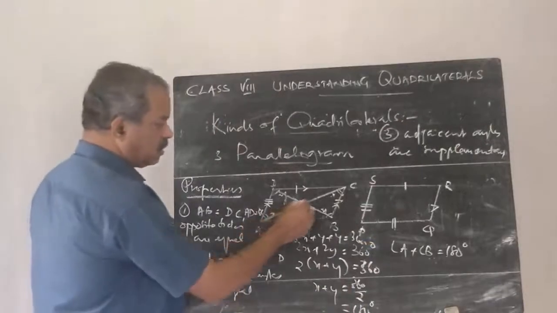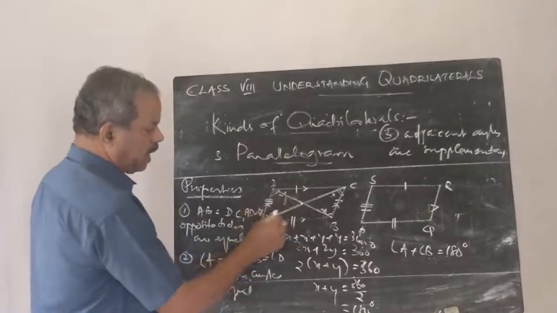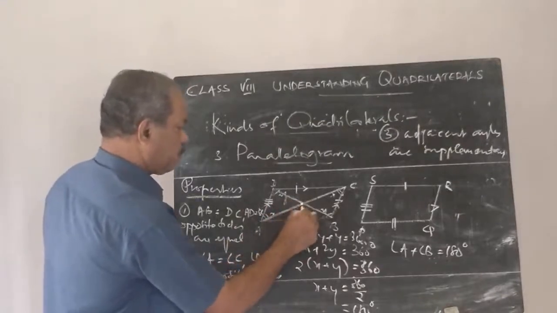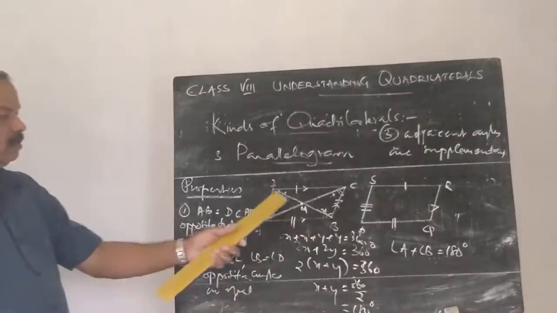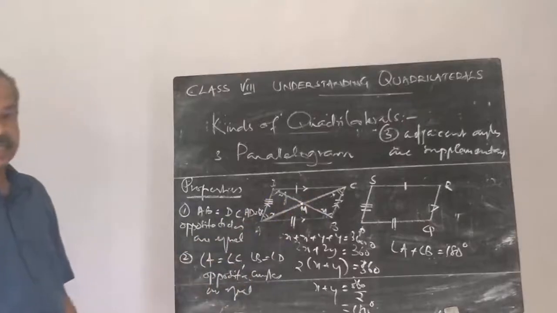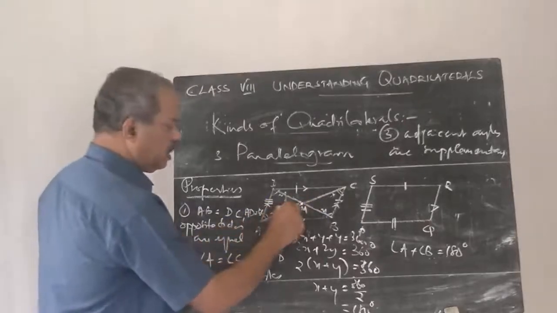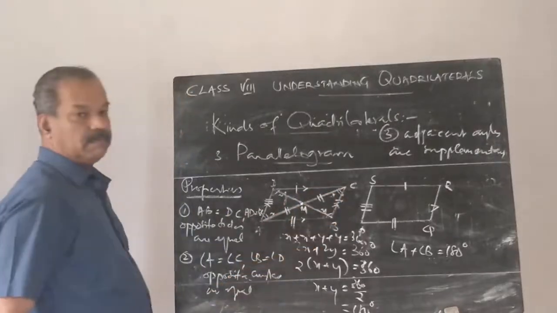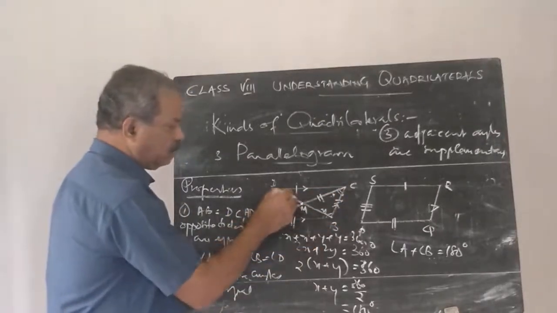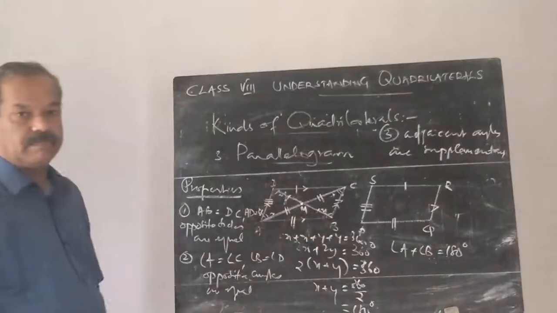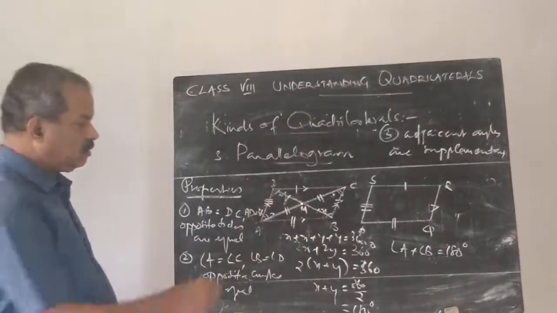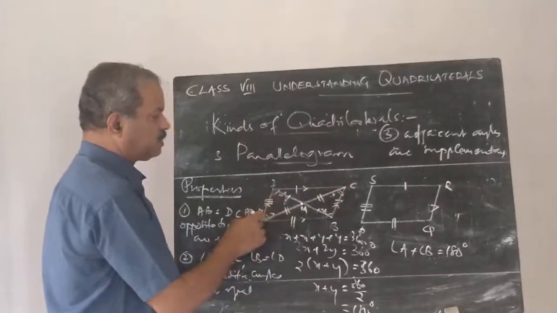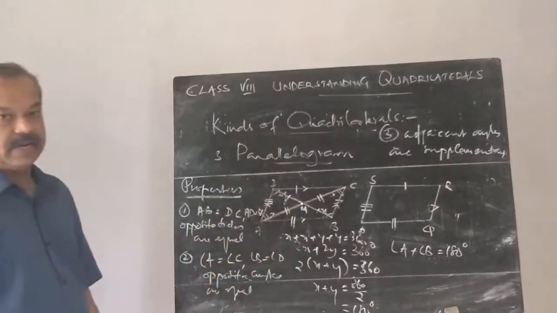Let the point of intersection of the diagonals be M. Length of AM equals length of CM, and length of DM equals length of BM. Then M is the midpoint of both diagonals AC and DB.